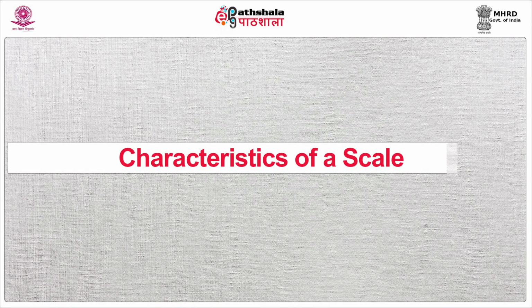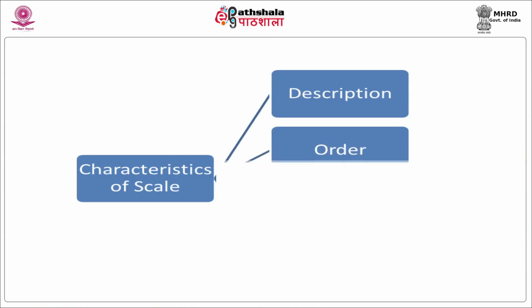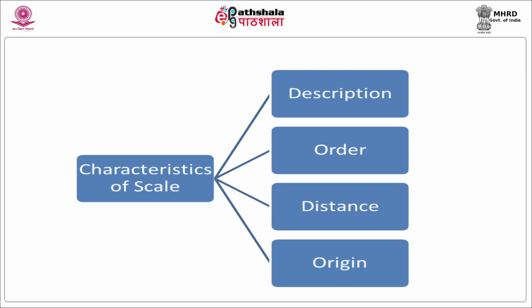It is important to note here that the process of assigning numbers is referred to as scaling. However, the continuum itself is referred to as a scale. These scales are described in terms of four basic characteristics. There are four basic characteristics which determine the level of measurement or scale.